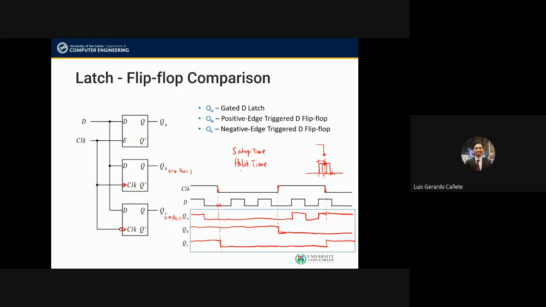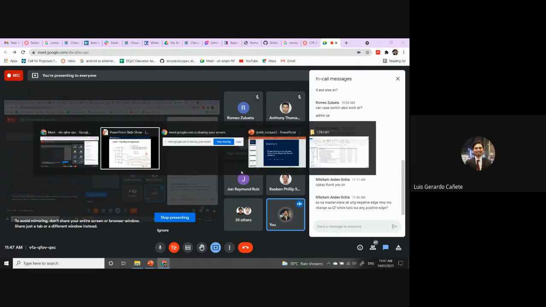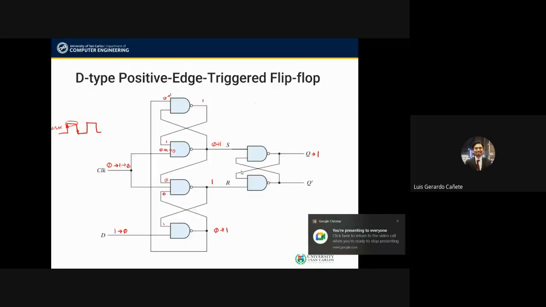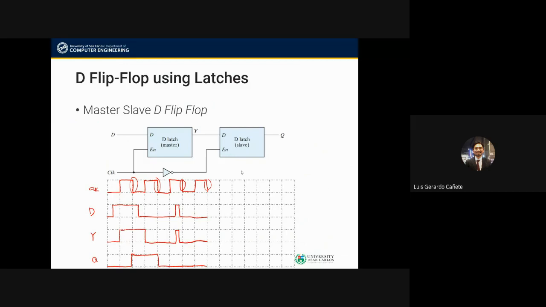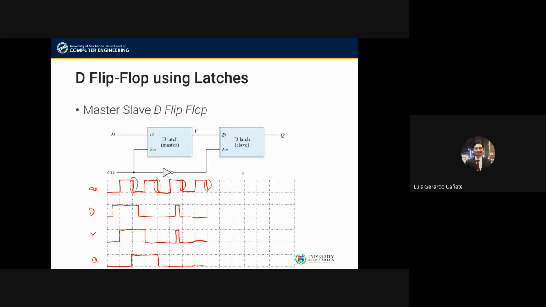Okay, so far, any questions? Yes, to your question, Mr. Chia, in the case of this circuit that we have, yes, we do make the transitions on the negative edge for this one. For this one, it's going to be on the positive edge. But there is a way that we can make this positive edge.